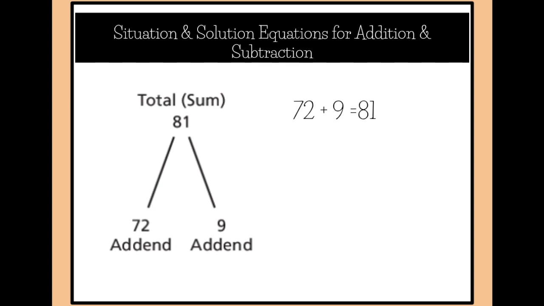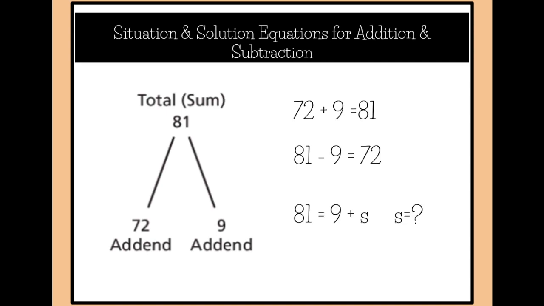The first one I have come up with is 72 + 9 = 81. That shows both addends giving us the total of 81. We can also come up with a second equation, which would be 81, which is our total, minus 9, which is one of our addends, and that gives us 72, which is the other addend.